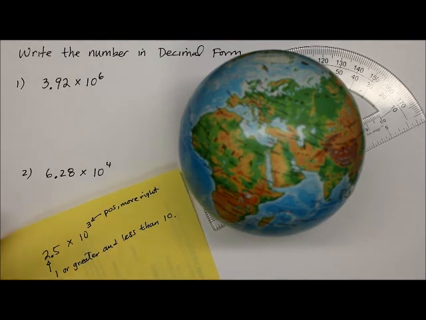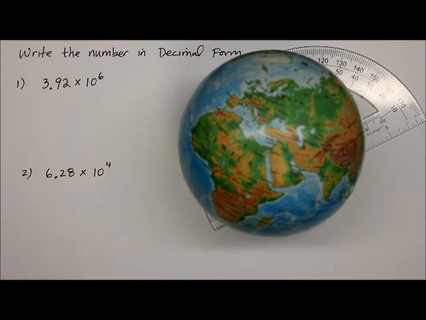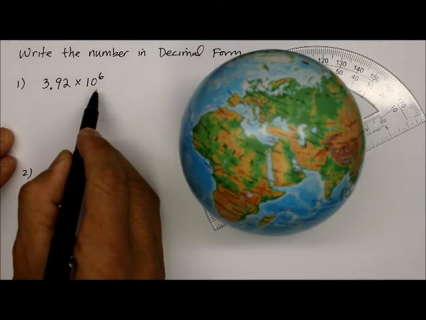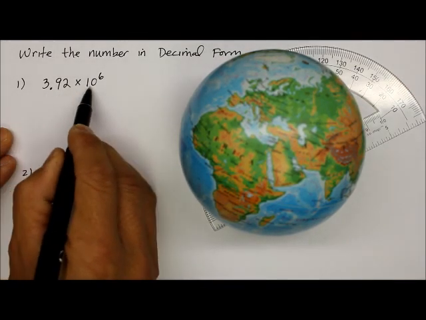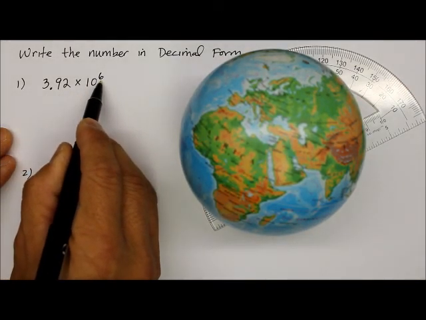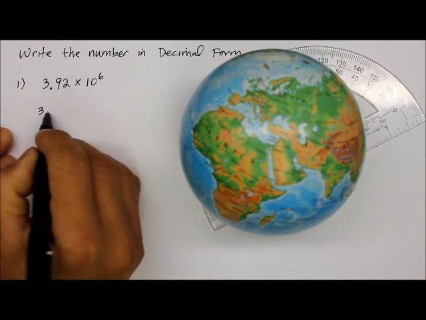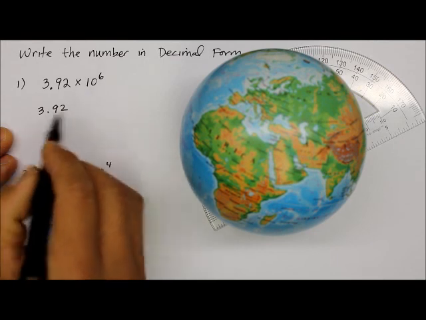So that being said, let's look at the first example. We have 3.92 and we want to move the decimal how many spaces? In which direction? Since it's positive, we want to move it to the right 6 spaces.